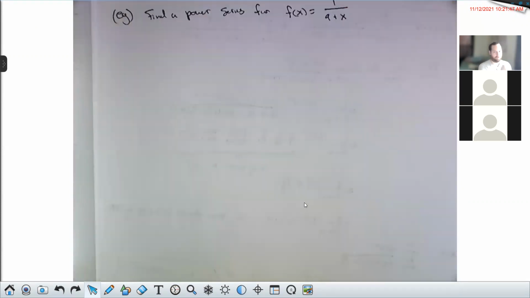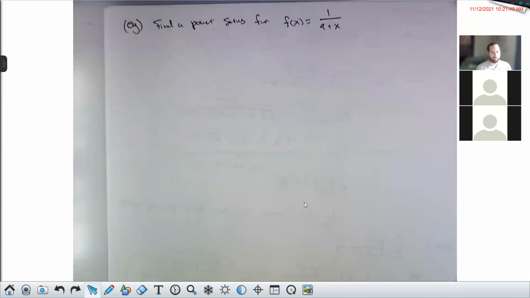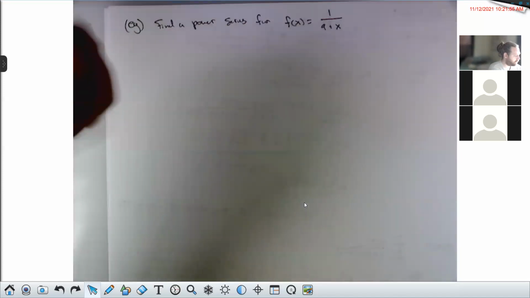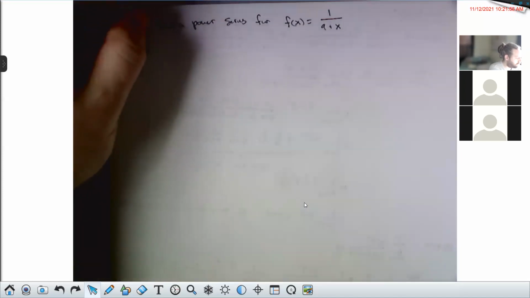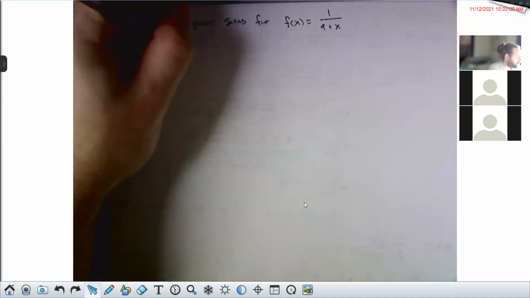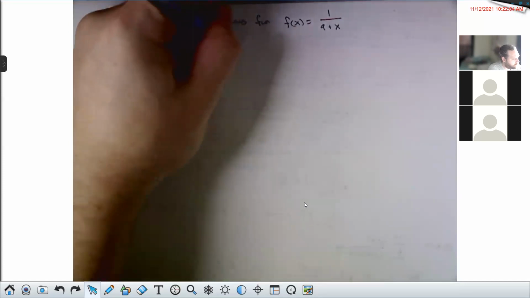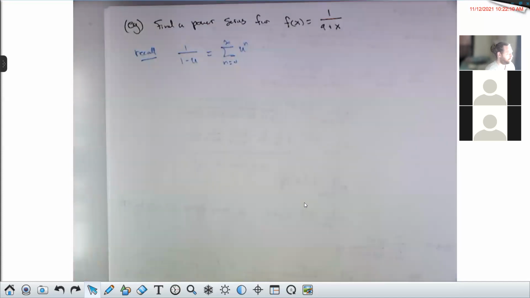This is a very straightforward problem of that style. What we're going to use here is the geometric series trick. 1 over 1 minus u can always be written as the sum from n equals 0 to infinity of u to the n.